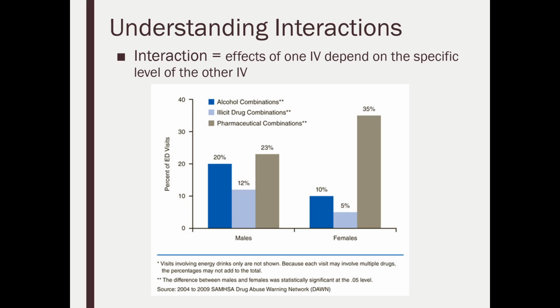And I thought this was a good example of a couple of different concepts. One is that typically when we're reporting interactions, we do it in bar graphs because generally we have independent variables that are categorical, and so it doesn't make sense to do line graphs.